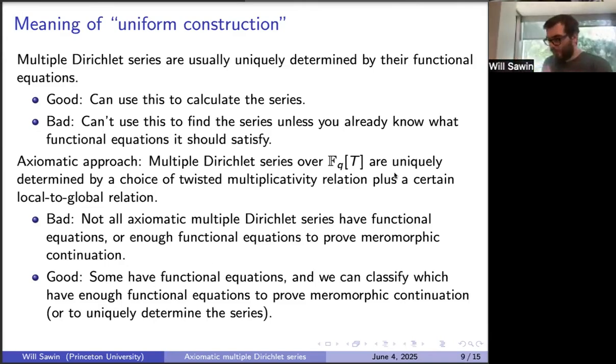And so that's how the uniform construction works. There's this uniform parametric construction of this whole sea of series, and then we just identify within it the ones that meet our standards.